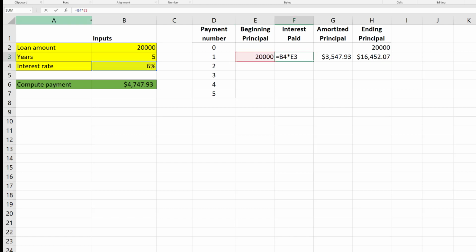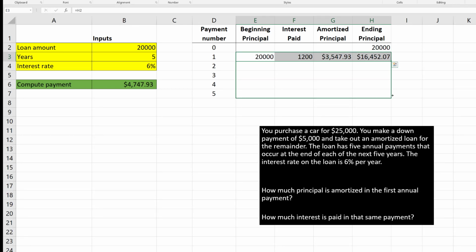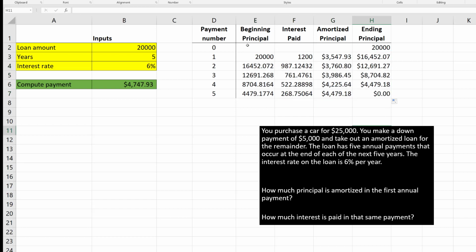So I'm going to put $ signs on the B4, so that when I copy this cell down, it will not copy this part of it down. And then second, on the amortized principal, I need to anchor that to the payment. The payment here is in cell B6, so I'm going to put $ signs around B6. So now I should be able to copy straight down.